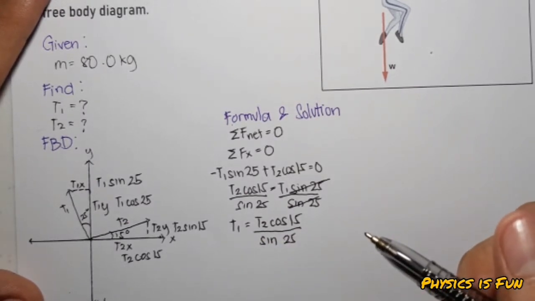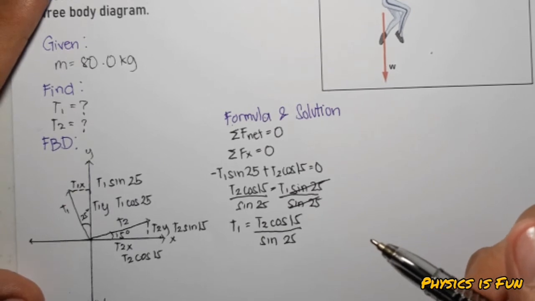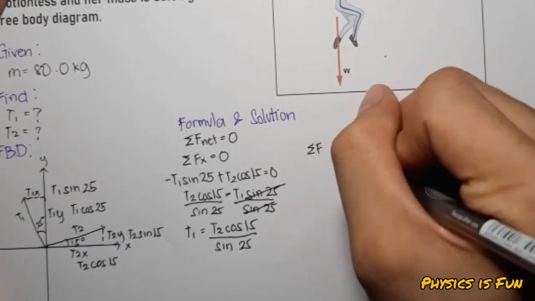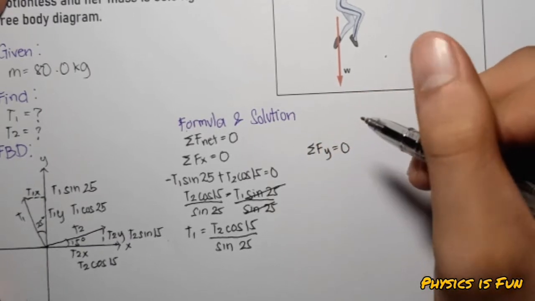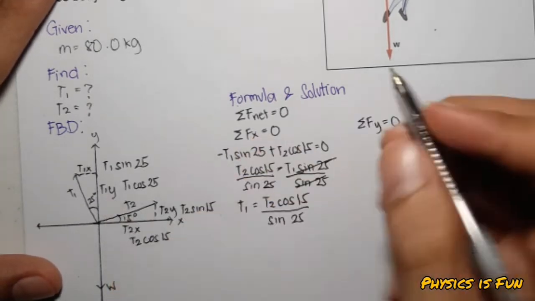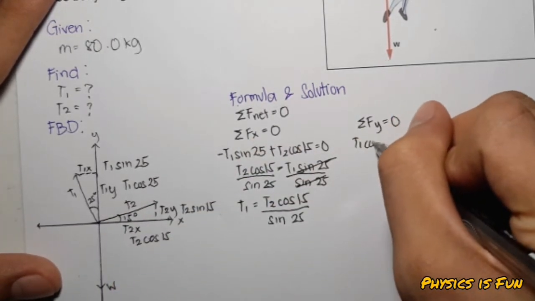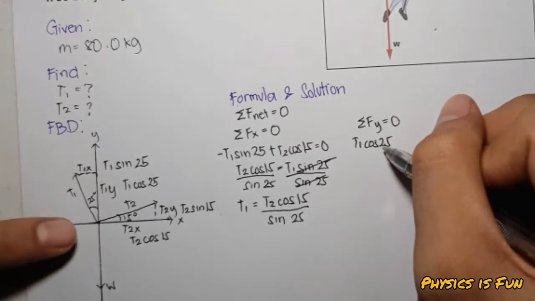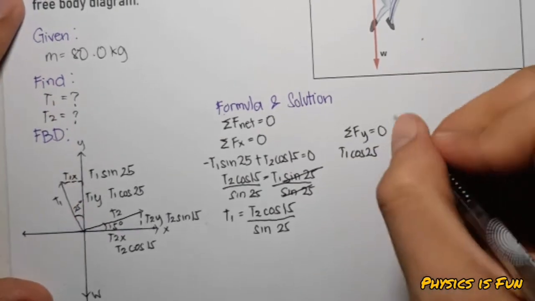Let's move on now on the forces acting upon on the y-axis, wherein it is summation of forces on the y-axis equals 0. What are those? First, T1y or T1 cosine 25. This will be positive since it is on the positive y-axis.